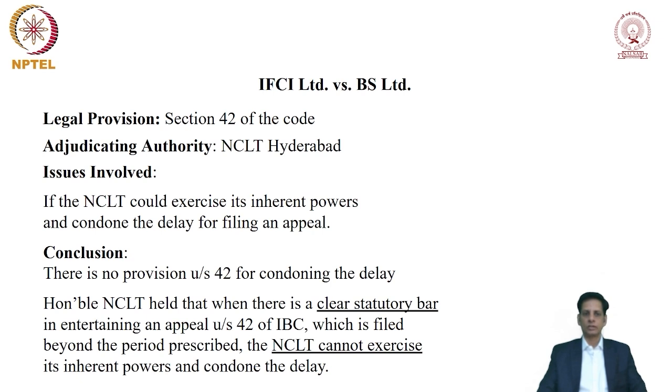Conclusion is very clear, loud and simple. There is no provision under section 42 for condonation of delay. The Honorable NCLT held that when there is a clear statutory bar in entertaining an appeal under section 42 of IBC, which is filed beyond the period prescribed, the NCLT cannot exercise its inherent powers and condone the delay. Therefore, the appeal cannot be made anymore.